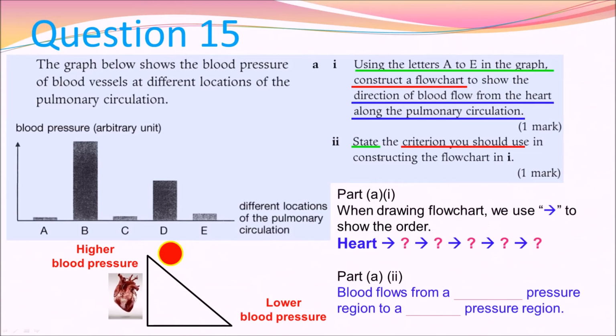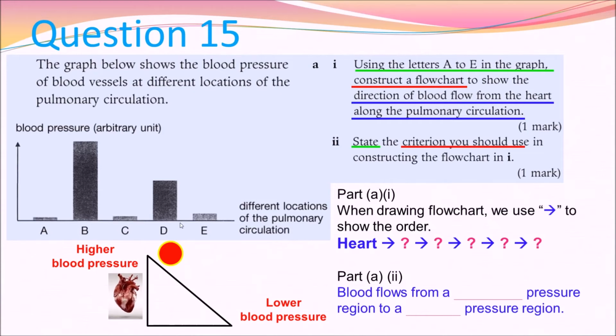And then part A2, state the criterion. That means how can you judge? The order will be heart, arrow, and then the next vessel, arrow, and so on. How can you know it? We call the concept we learned in chapter 7 the golden rule, right?